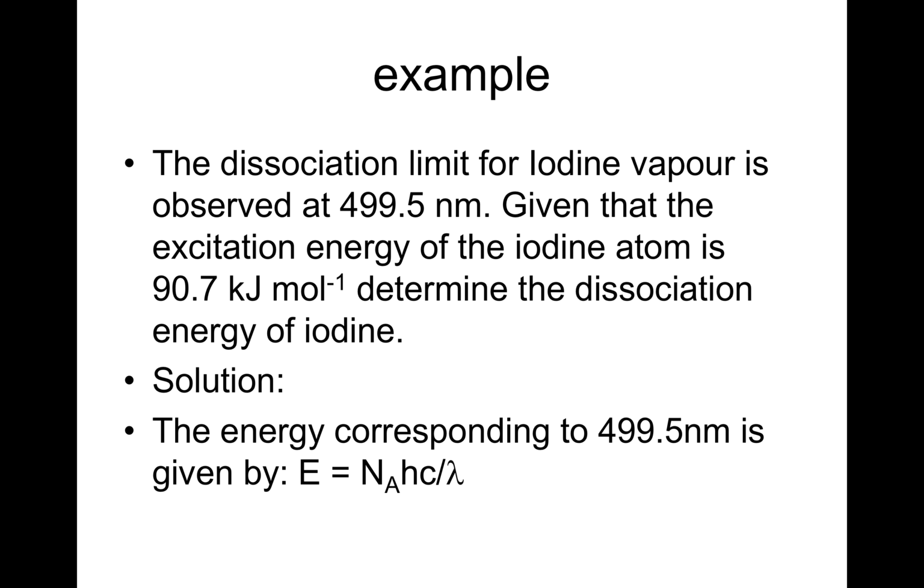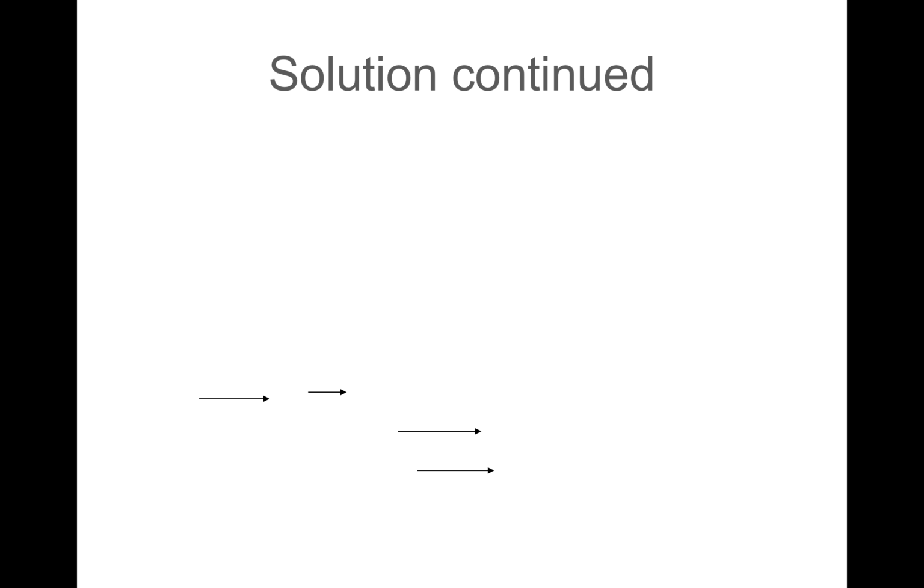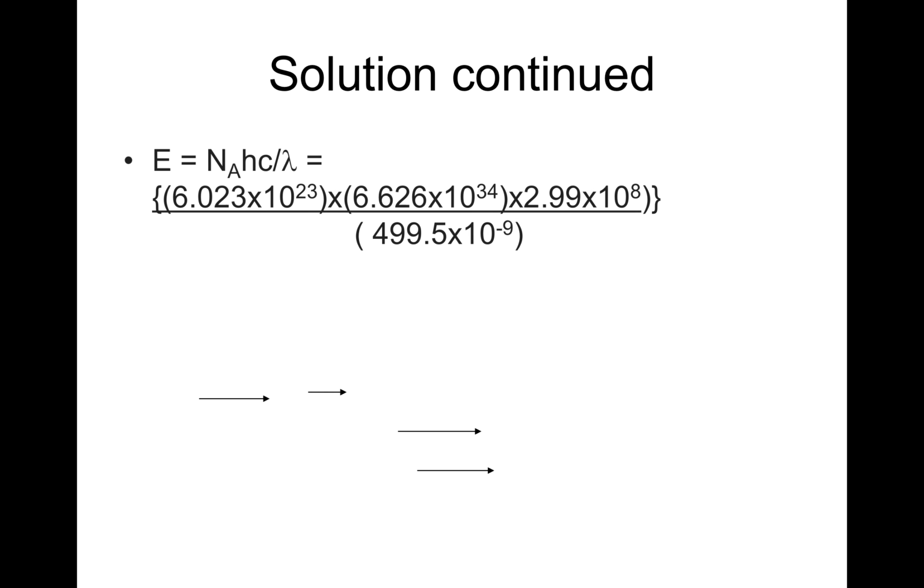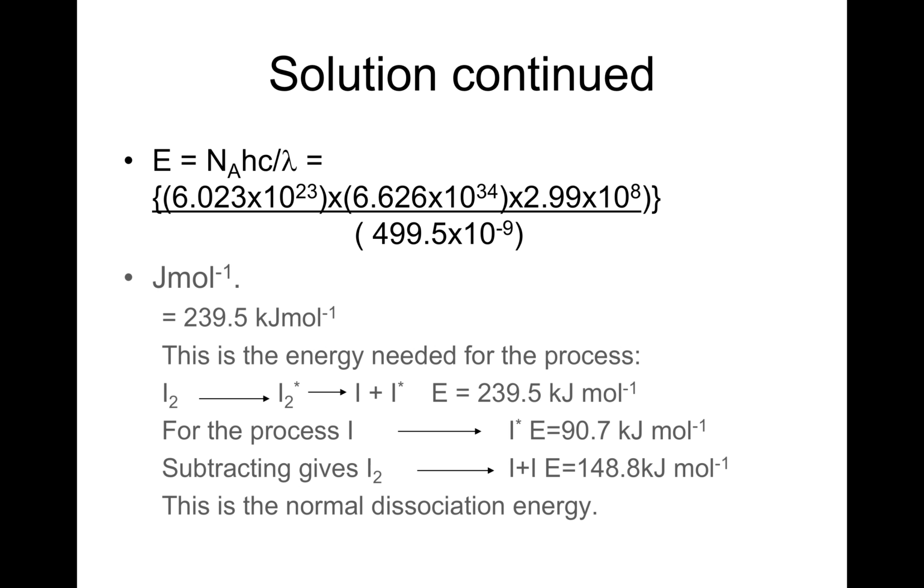The energy corresponding to 499.5 nanometers is given by E equals N_A h c over lambda, where N_A is Avogadro's number. If we substitute the values, we obtain that E is equal to 239.5 kilojoules per mole.